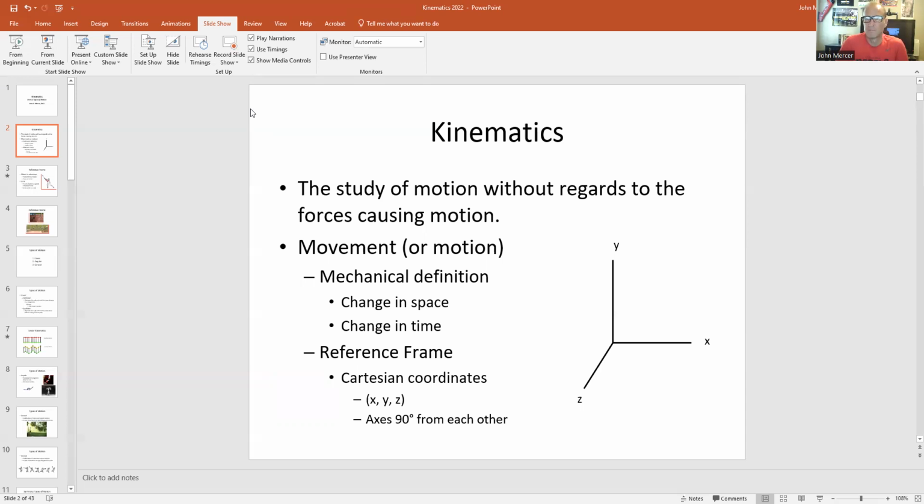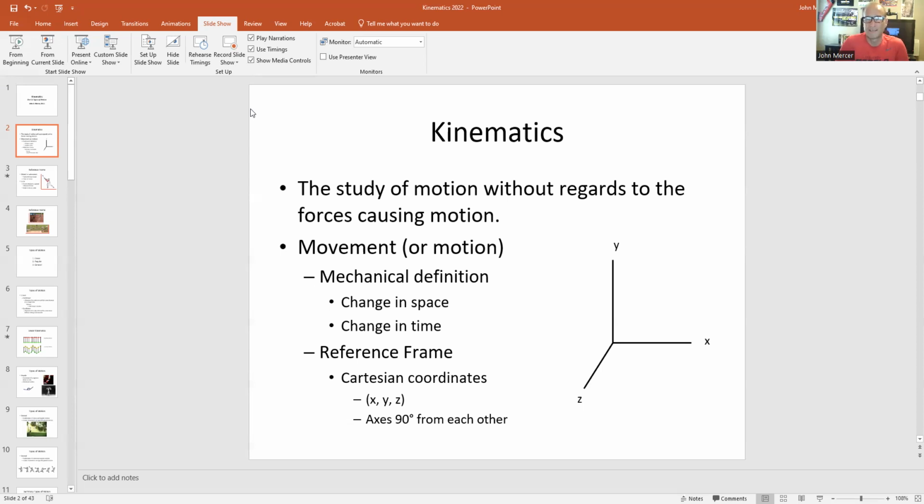That's just a reference frame. And then I'd have a seat map, and I would know if someone's sitting in row 4, seat 6, that I would be able to identify who that person was on my seat map.